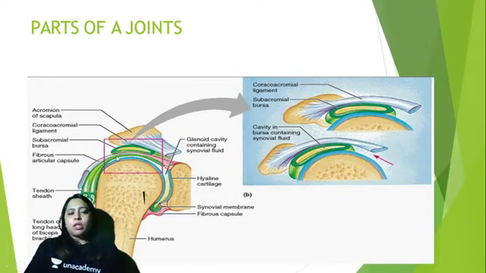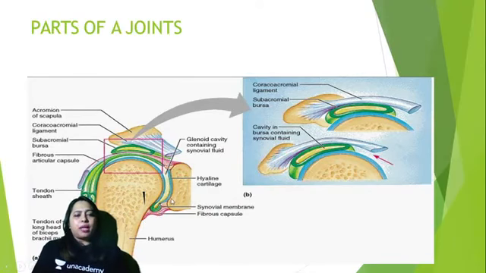So since it crosses, even though there are so many bursae to prevent the tendon from getting injured, there are chances that the tendon can be injured, and that is the impingement syndrome. And impingement syndrome can result in frozen shoulder, that is inability to move the shoulder. So that is also one criteria that you need to remember.